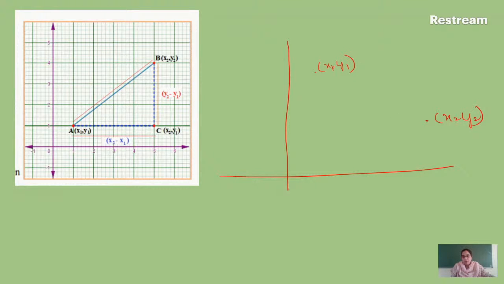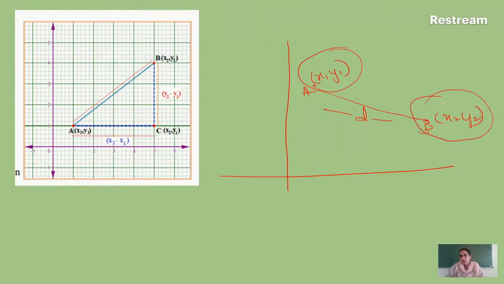These are the 2 points, and when you join a line between these 2 points, in general, I am taking these 2 points as point A and point B. To find the distance between these 2 points, the shortest distance, using the coordinates, using the location of the points, using a formula, that formula we are going to learn as the distance formula.